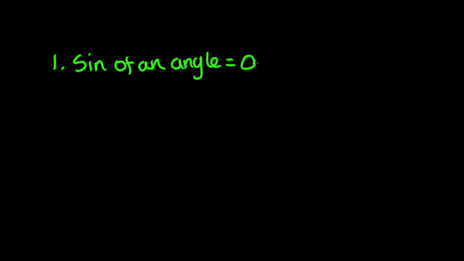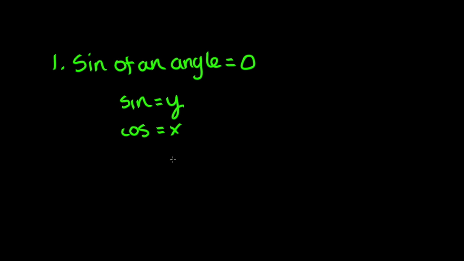In order to solve these, we need to go back to what we talked about at the beginning of this video, where cosine is the x-coordinate and sine is the y-coordinate. So remembering that sine is equal to the y-coordinate and cosine is equal to x, we need to go all the way around the graph and see where y is equal to 0.